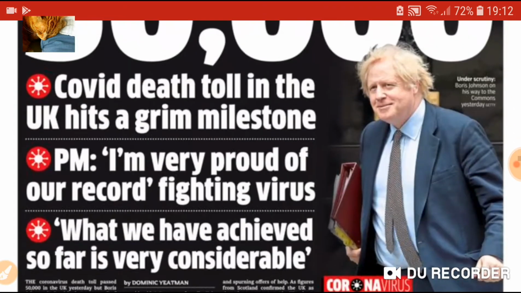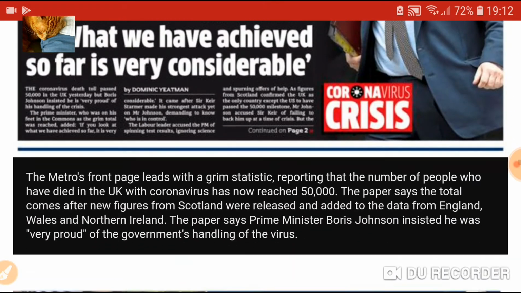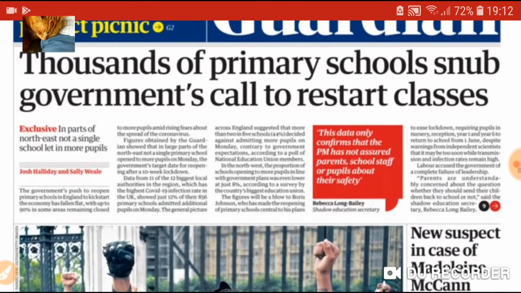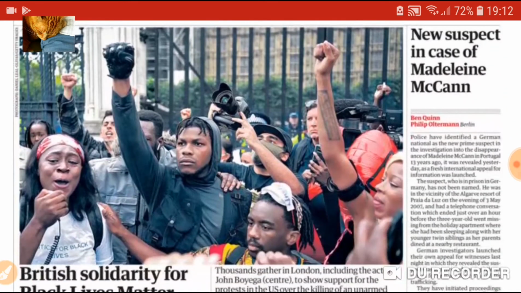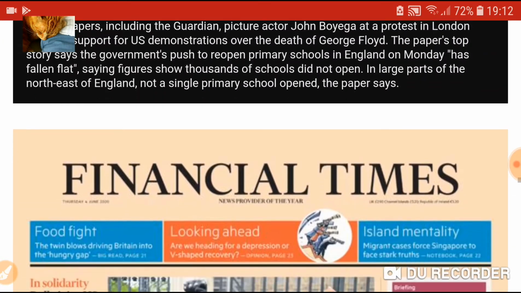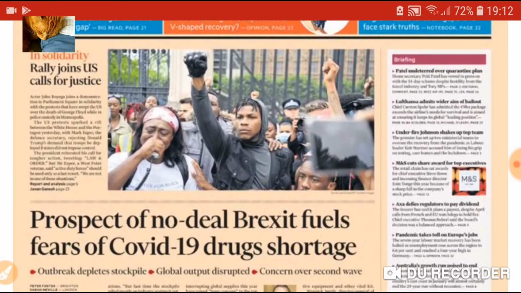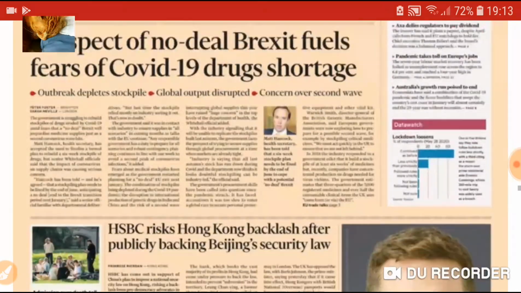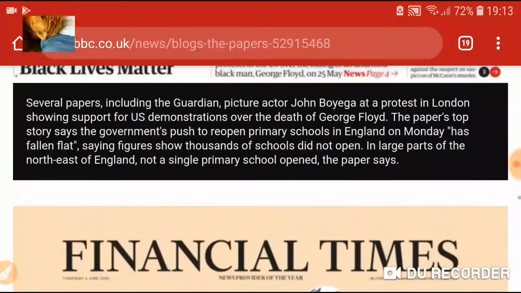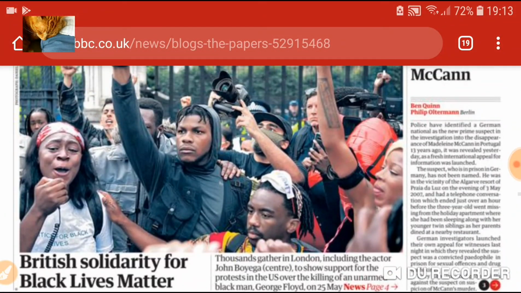Metro doesn't, but I'm going to get to the other story of today in a minute, which is this. Yeah, and that. So, majority of them, Madeleine McCann. This story I'm going to get to after.